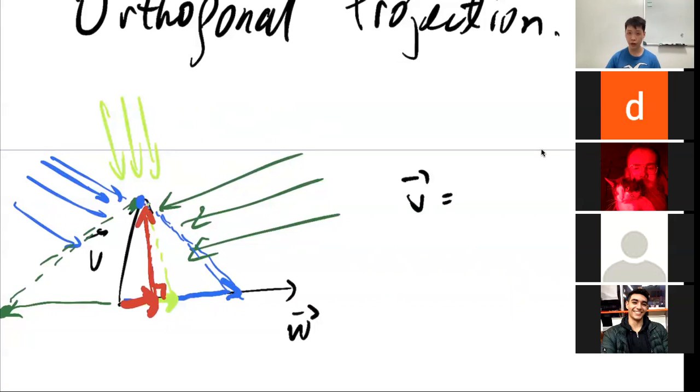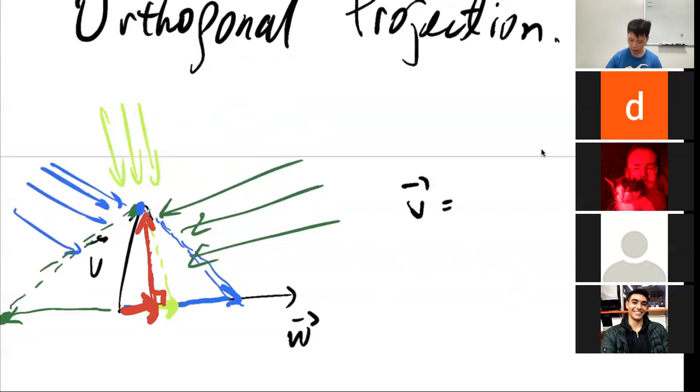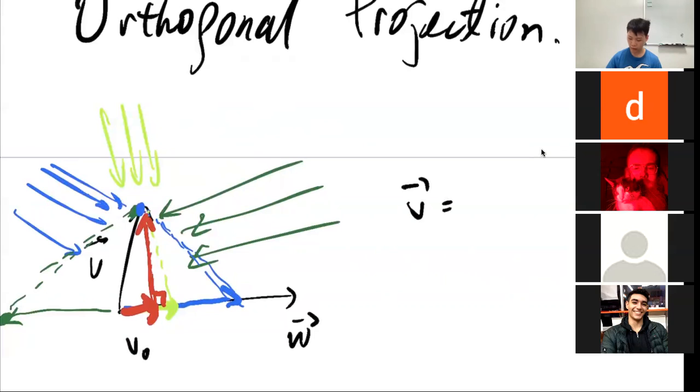It's a sum of two vectors: the vector v_w, which is the projection itself, and the vector v_n, which is the vector orthogonal to the vector w.